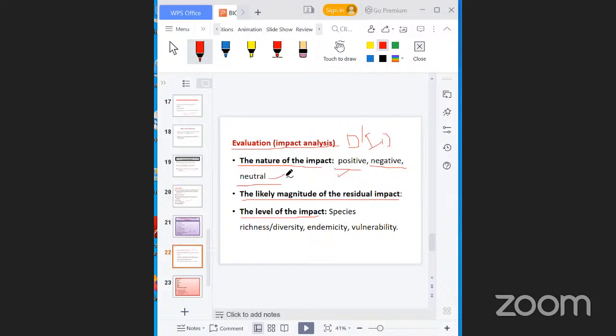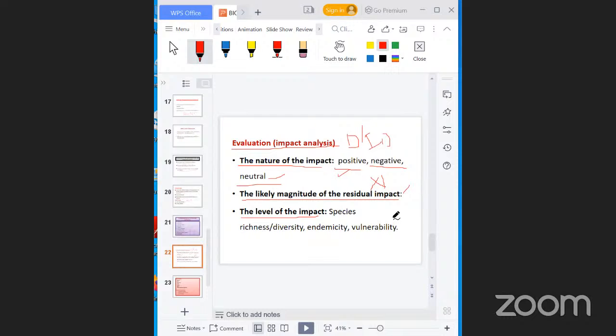And next, the likely magnitude of the residual impact. Suppose X hectares or X area of ecosystem or habitat, and X number of individuals of a species, right? These are some of the examples.